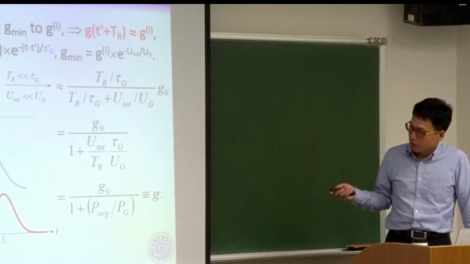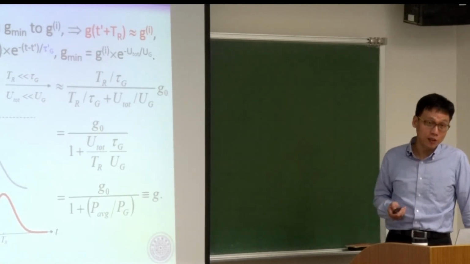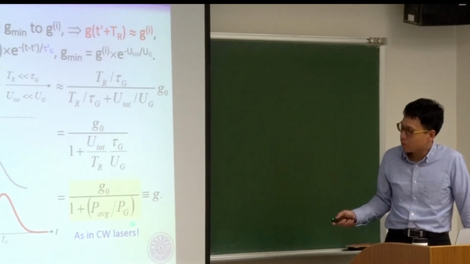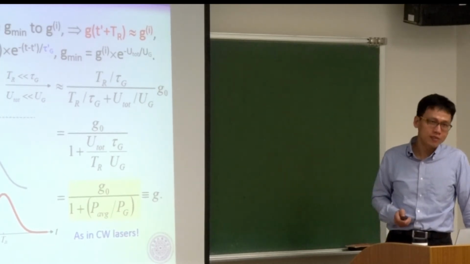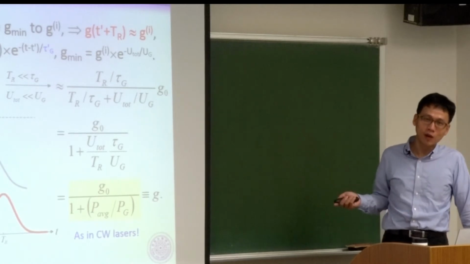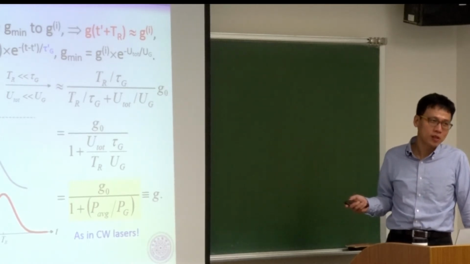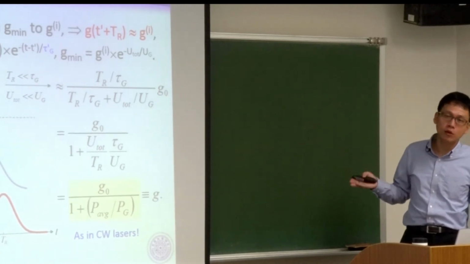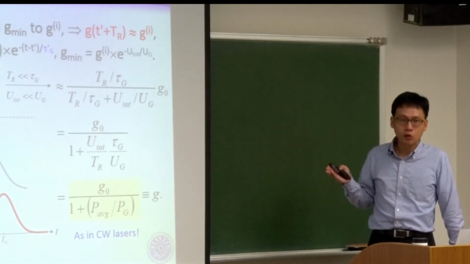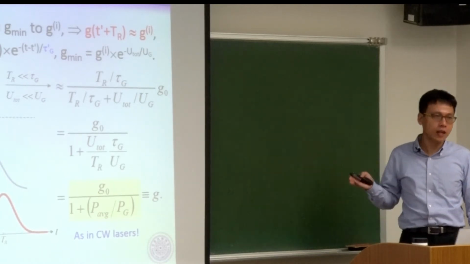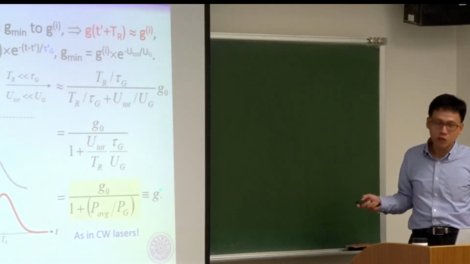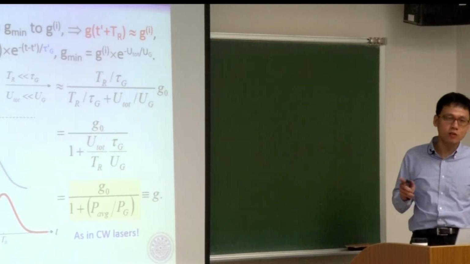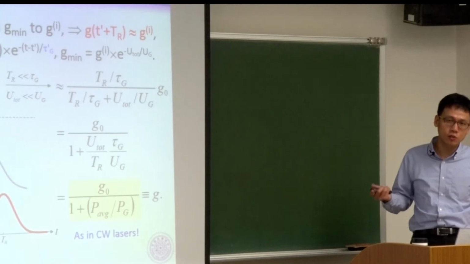But this formula is an old friend, right? We have seen that in lesson 1. This is the same formula as in CW lasers, which we derived in lesson 1. Okay. So the simple conclusion is, although this is about a passive mode-locked pulse train, if you only consider the gain dynamics, it only follows the CW laser formula. The gain is no longer a function of time, but a constant, or close to a constant.